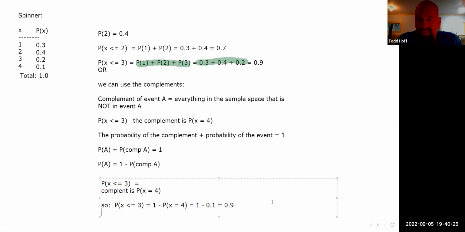Or we could just say, hey, the only ones not in that event are 19 and 20. So the probabilities of 19 and 20 is the complement. We could find those two probabilities and subtract them from 1, and we would have the probability of being less than or equal to 18. So that probability of the complement is a huge, huge benefit to us.